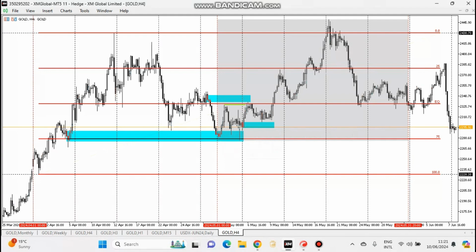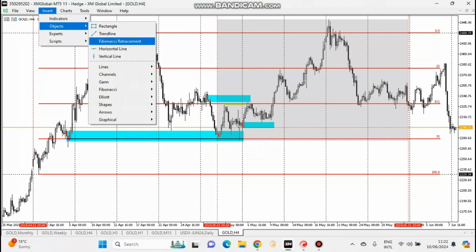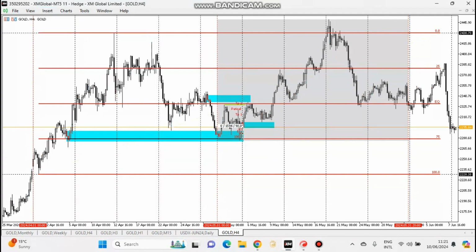And this is a higher time frame, so in this area, if you pull the DRT levels from the 75 to the equilibrium, it shows this is part of the 75 and the equilibrium. This shows me that this is a significant point of interest where price can reverse from.